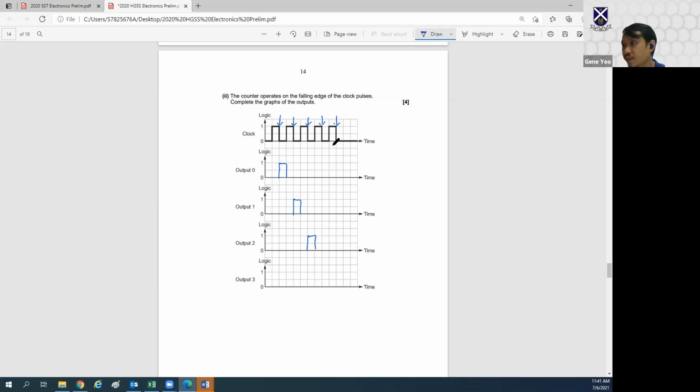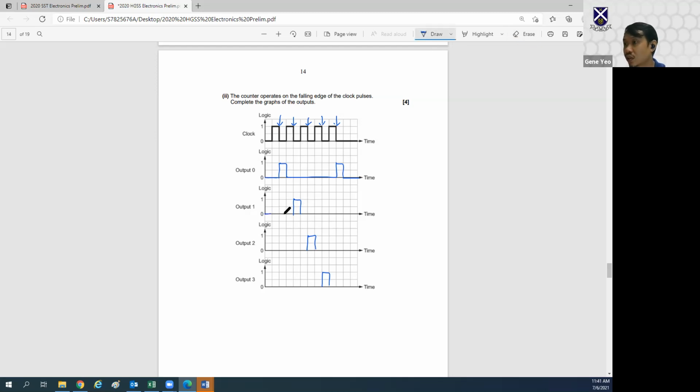Next falling edge is over here, so next will be a 3. So the 3 will show a high, or display, right? And then the next falling edge will come back to a 0 because the pattern is 0, 1, 2, 3, 0. Then you complete over here, over here, just like so.